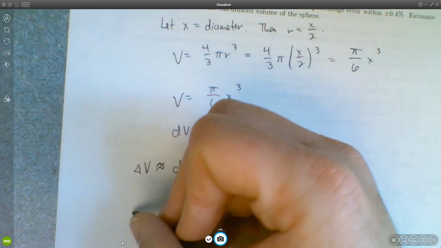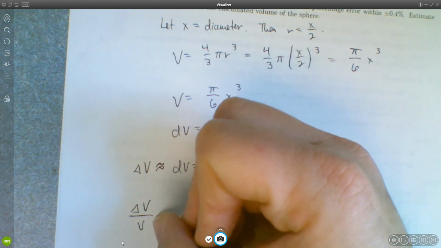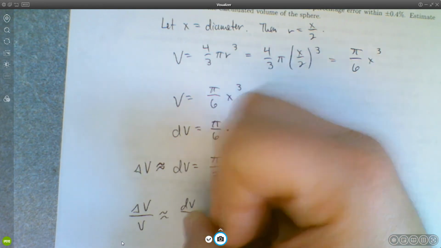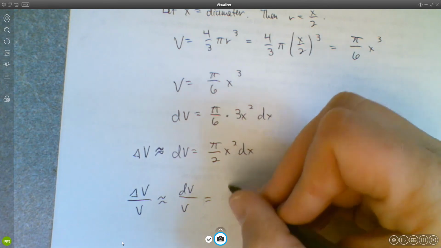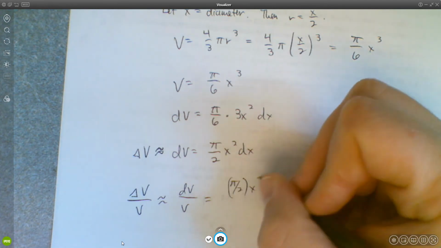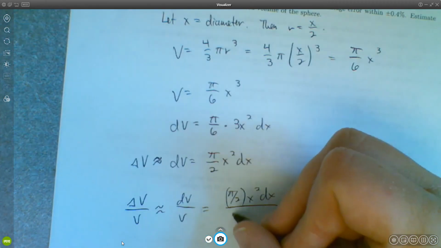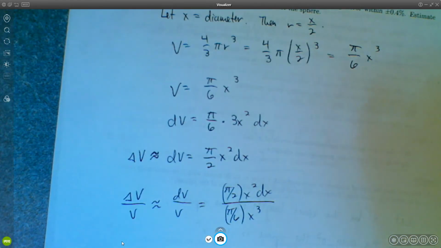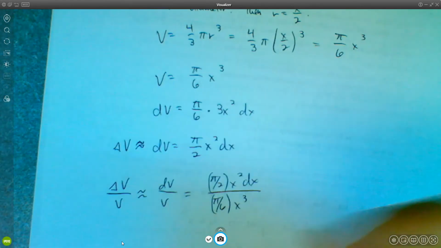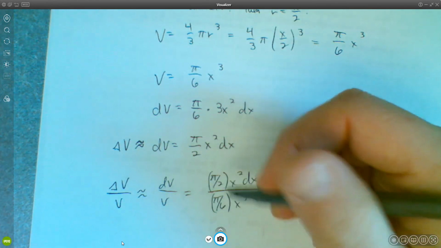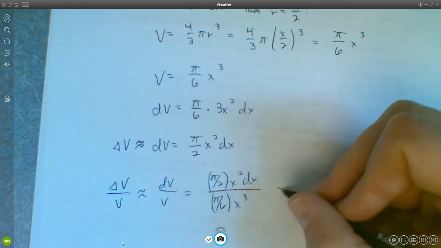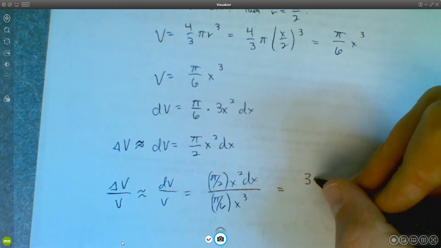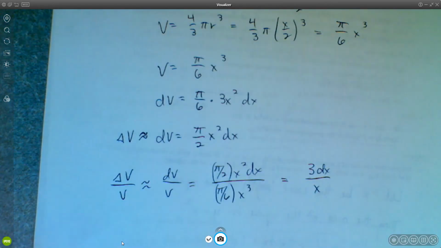And so delta V over V is approximately dV over V, which is pi over 2 times x squared dx divided by V itself, which we called pi over 6 x cubed. If we flip and multiply, the pi's will cancel, the 6 will become a 3. So this is going to be 3 dx over x.